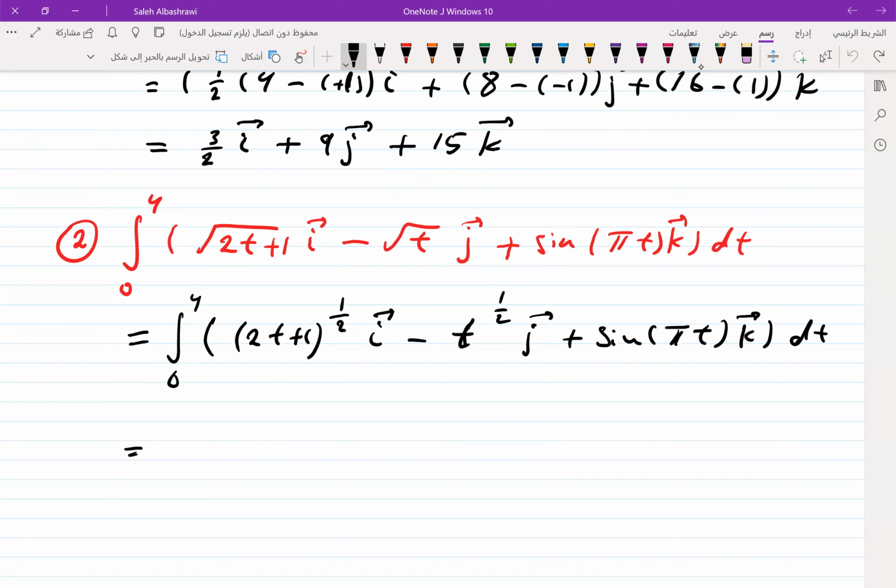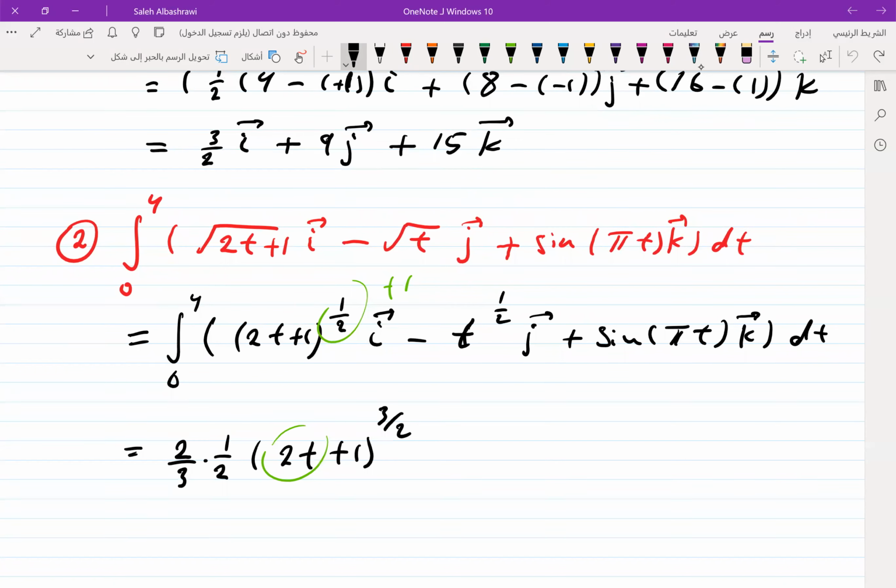Which is equal to the integration for this power: just add 1, it will be 3 over 2, divided by that power, it will be 2 over 3, multiplied by 2t plus 1 to the power 3 over 2. Dividing by 2, this is by u substitution, I will have 1 over 2 there.